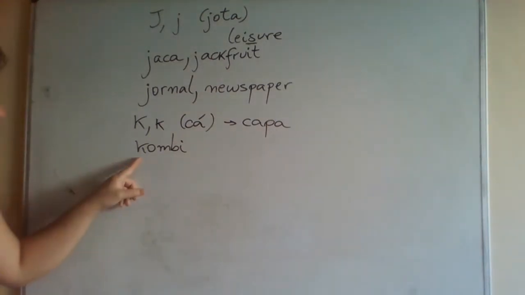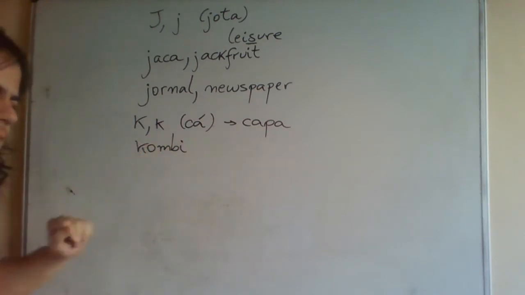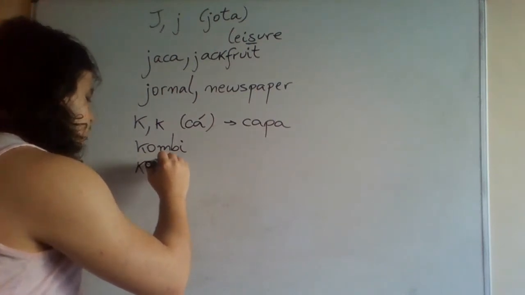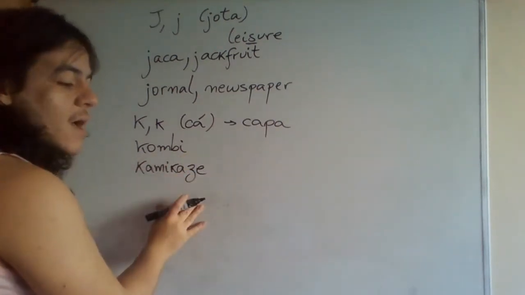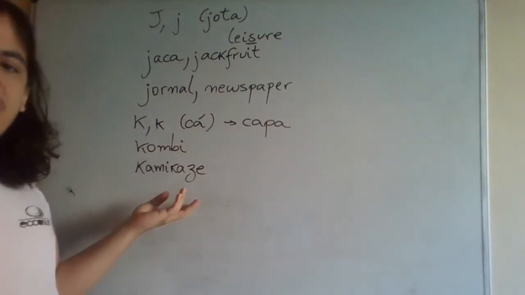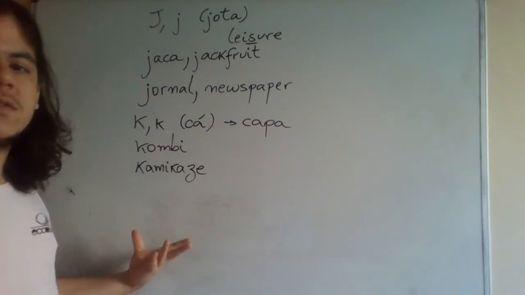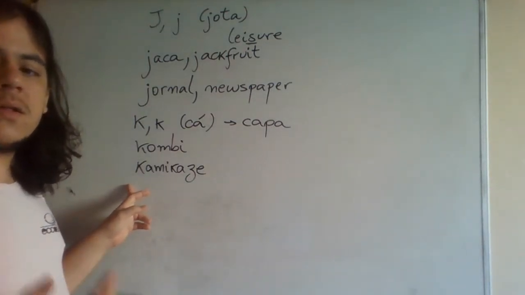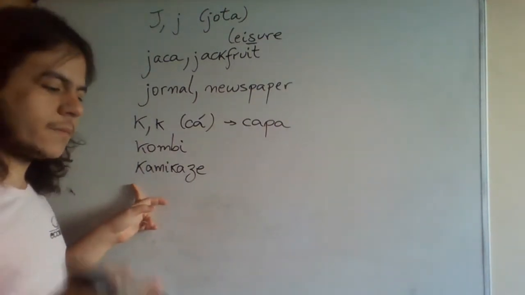So we have the word with letter K, Kombi. Or for example, kamikaze. Kamikaze, it's a foreign derived word, it's a Japanese word. So we maintain the letter K, kamikaze.